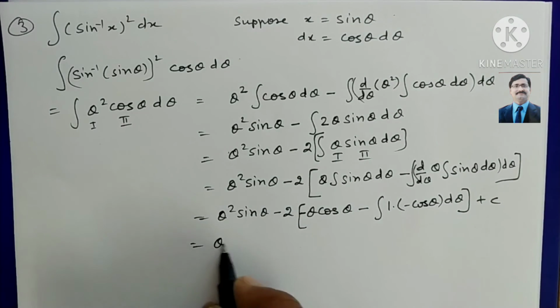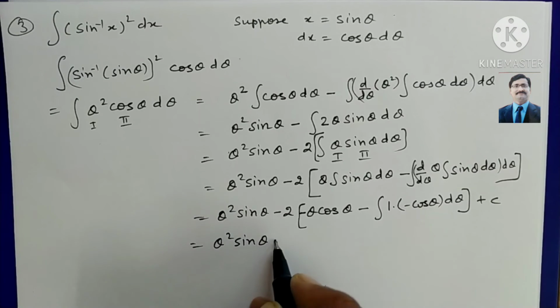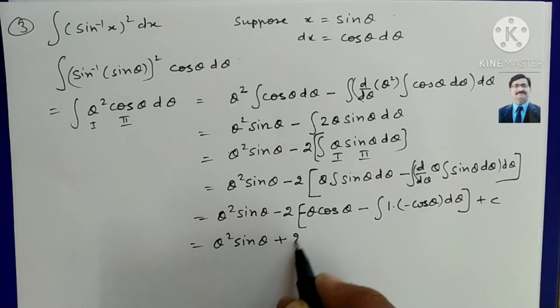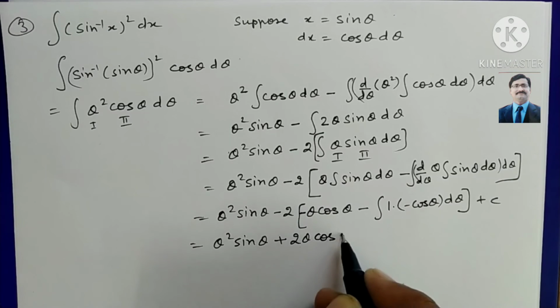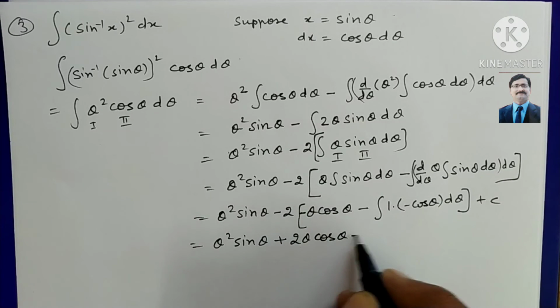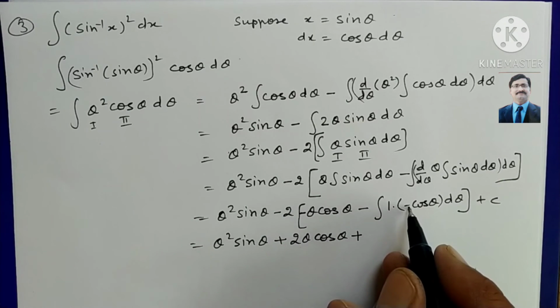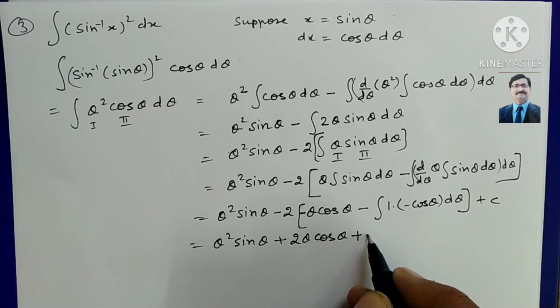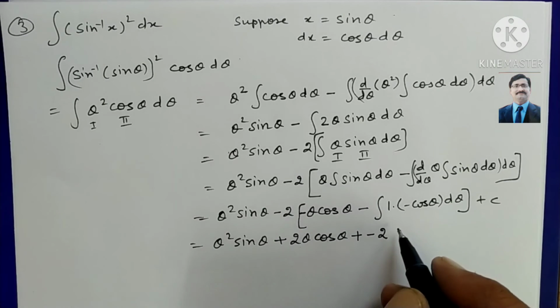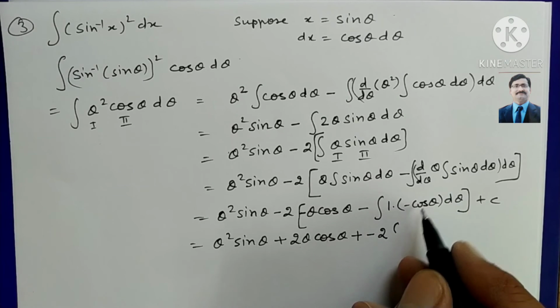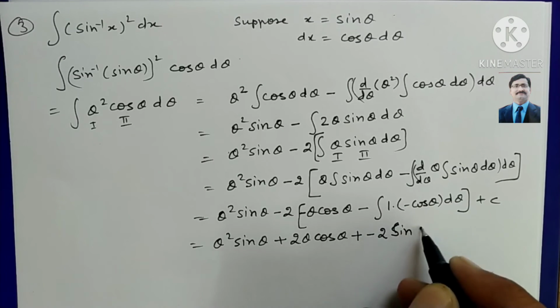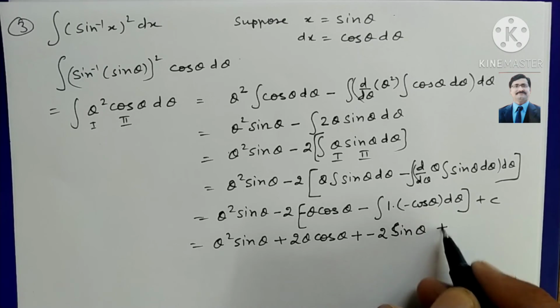You can write here theta square sine theta as it is, minus, plus we get 2 theta cos theta, and minus and minus is plus, and outside this, inside minus again we write minus 2, this 2 multiply, and the integral of cos theta is sine theta, and plus c.